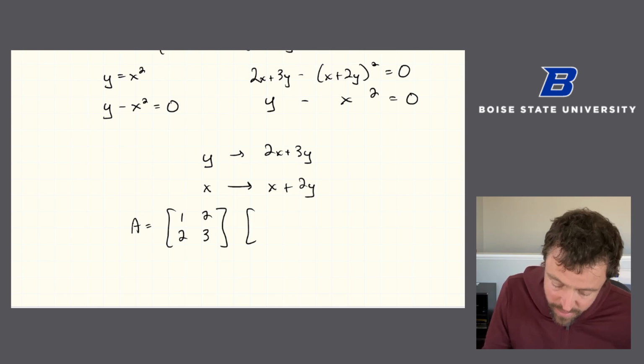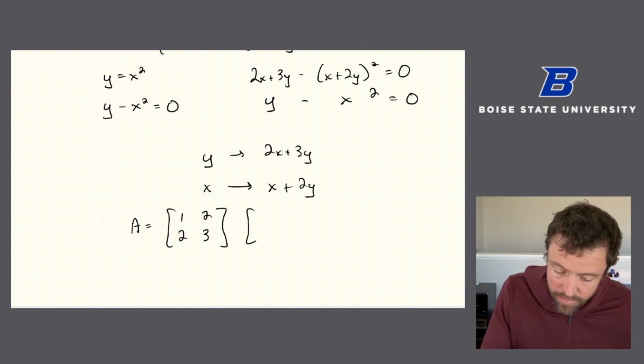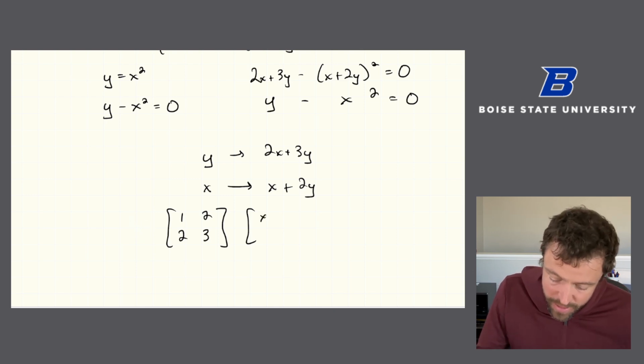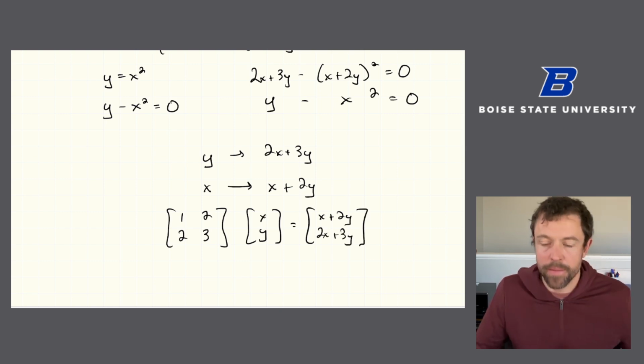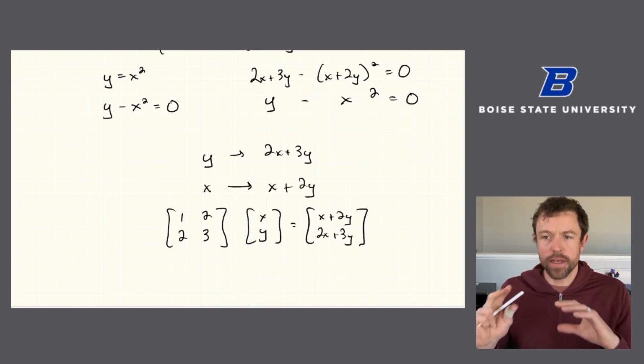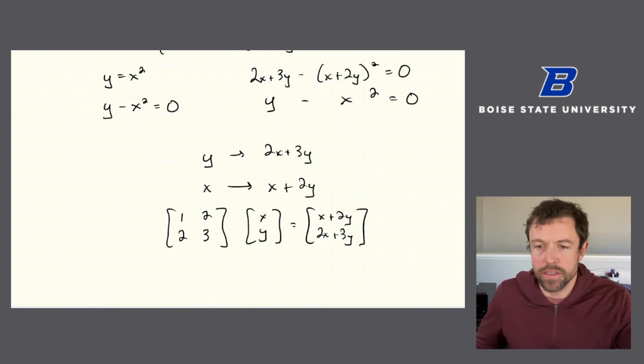Because if we multiply this out, we get x plus 2y, 2x plus 3y. So this is approximately the right linear transformation.